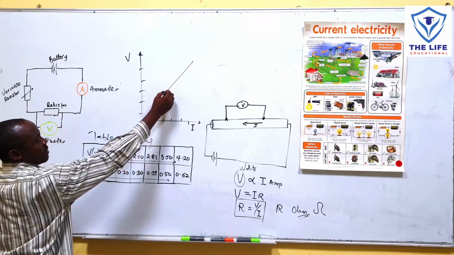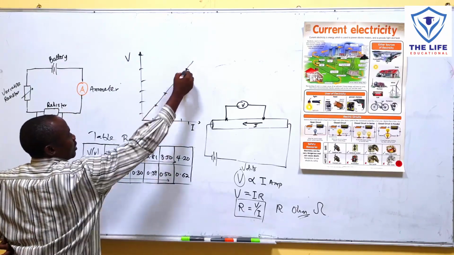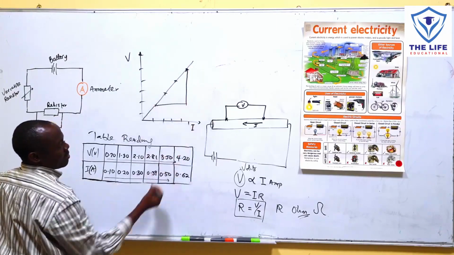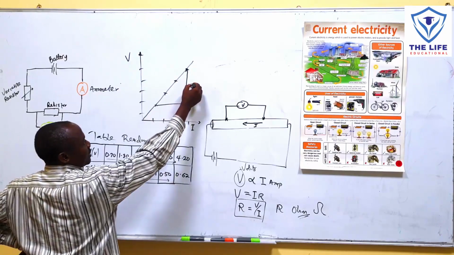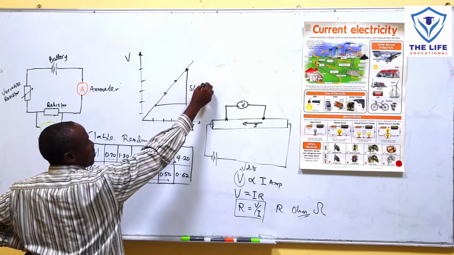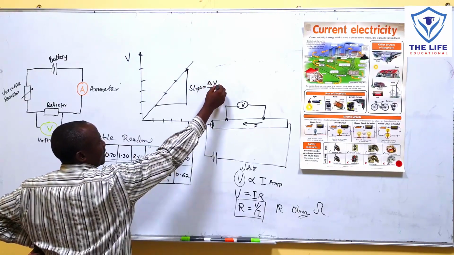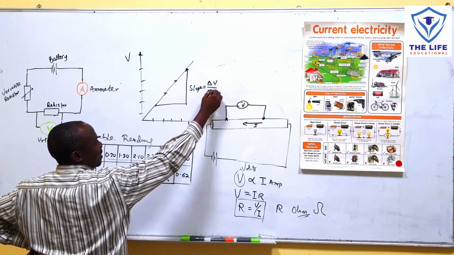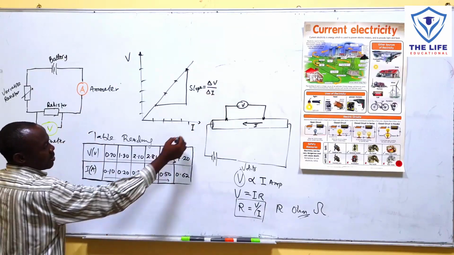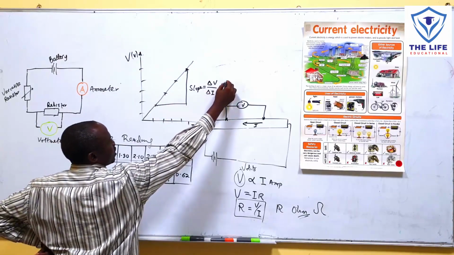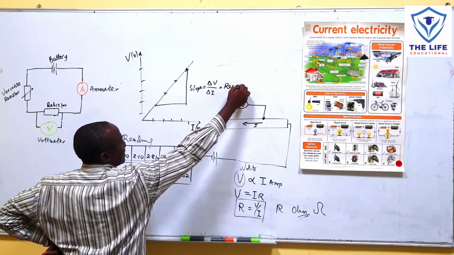Let's say that's my line plotted. If I find the slope or gradient of my graph, the gradient or slope, ladies and gentlemen, is going to be change in V divided by change in I. Of course, the constant that I'm going to obtain there is what we refer to as the resistance.